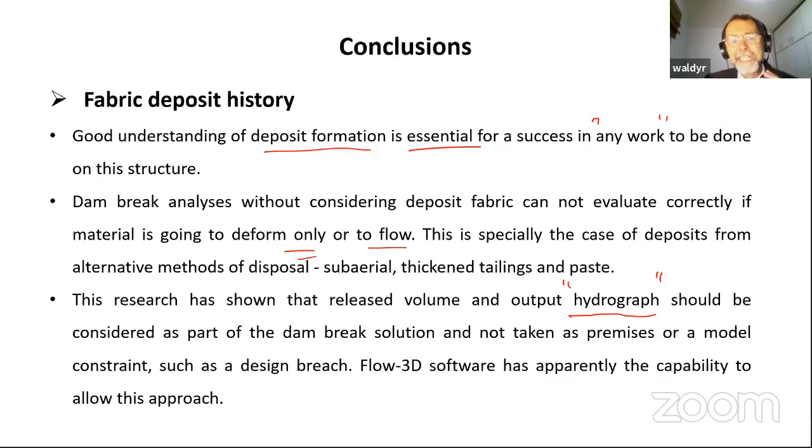So Flow 3D allowed us not to have a hydrograph. The material that moved was the material that was supposed to move because of its rheological properties, under strain, under shear stress. So apparently this Flow 3D has this capability.